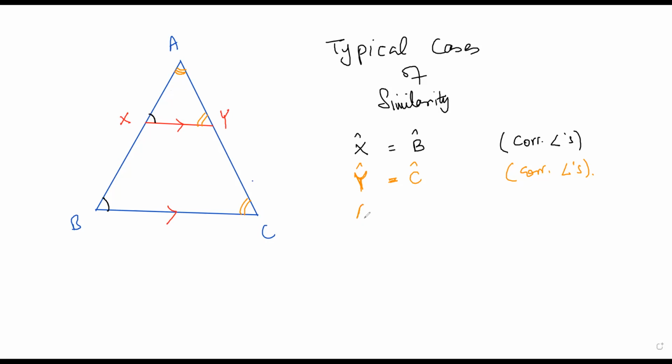So the angle A from the smaller triangle is equal to the angle A in the bigger triangle, and though it was not required, I'm still mentioning this. This is because this is a common angle here. It's the same angle. You just need to show two pairs of angles equal to each other.